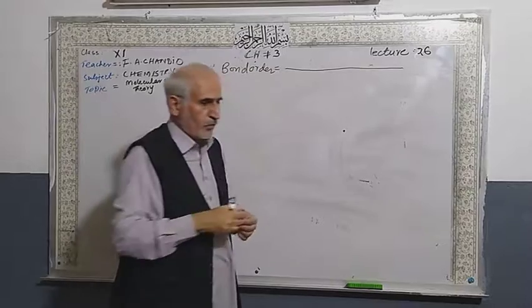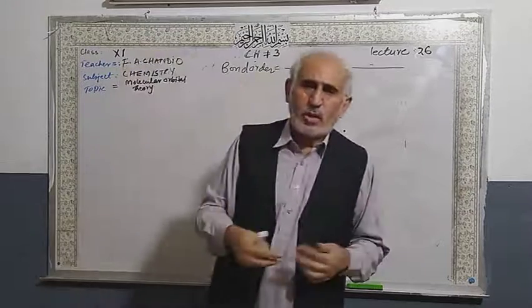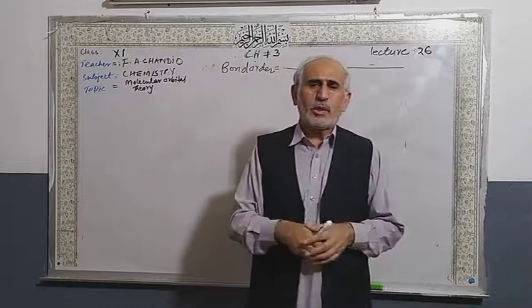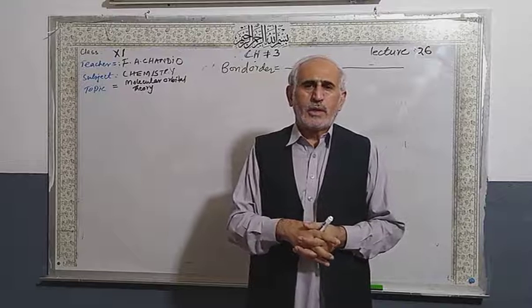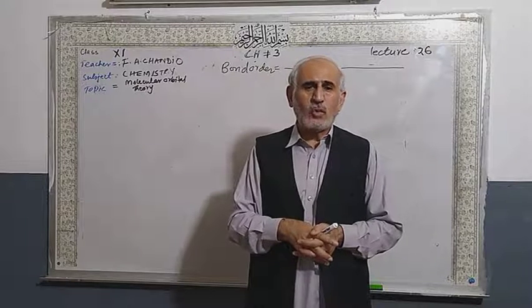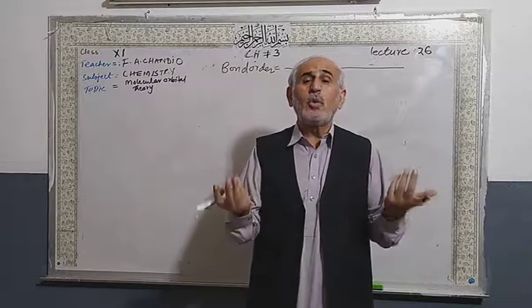Bond order: single bond, double bond, triple bond. What type of bond is formed is called bond order. There may also be no bond.